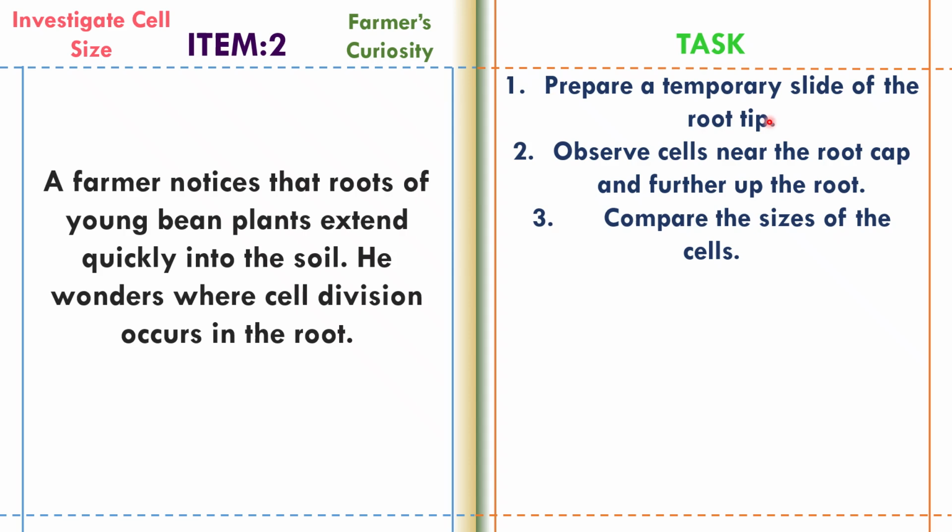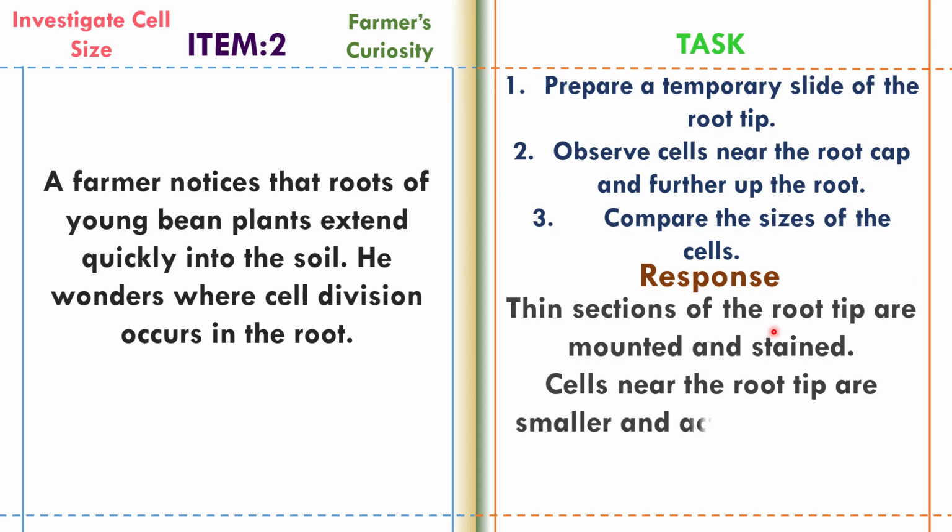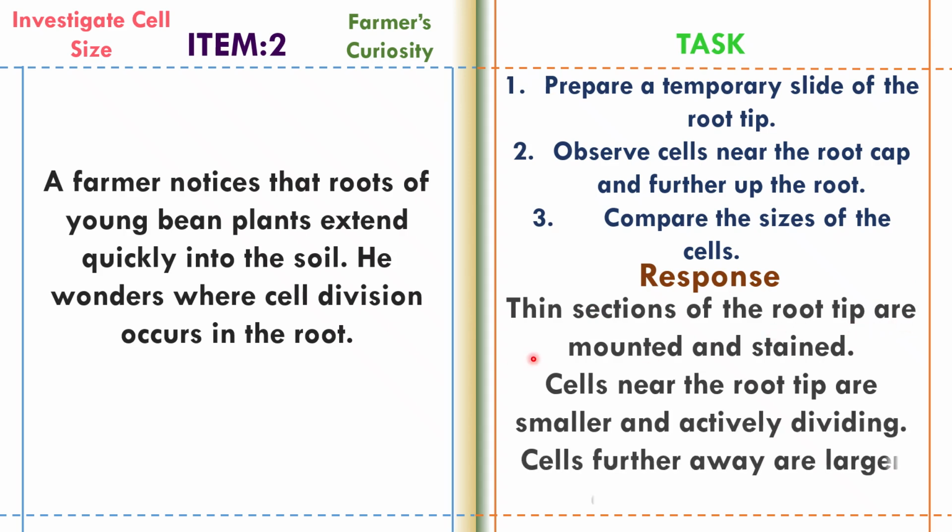We observe the cells near the root cap and those far up the root, and compare the sizes of those cells. Thin sections of the root tip are mounted and stained.